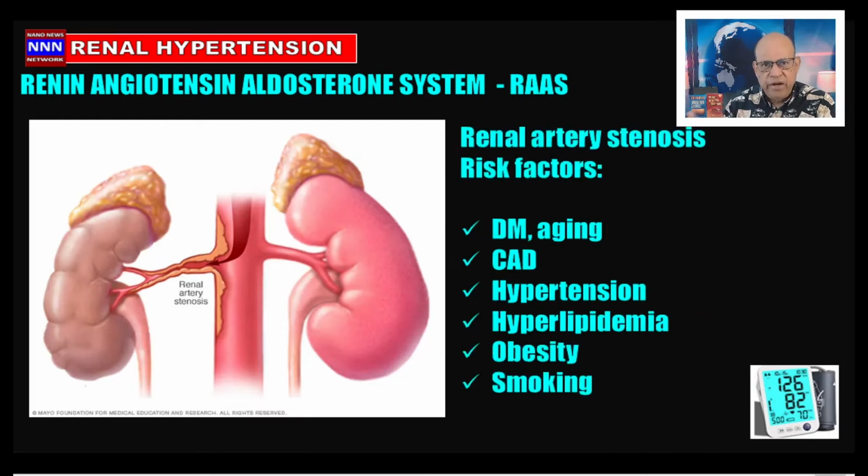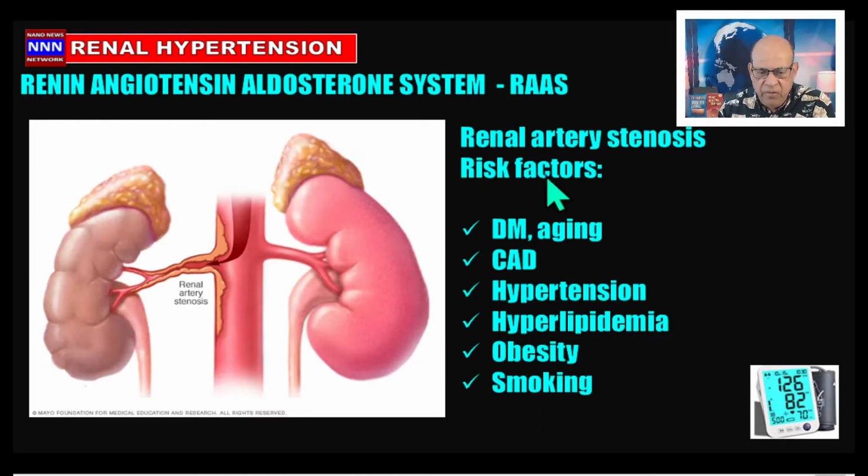The other risk factors, of course, are very familiar to you, that can lead to atherosclerotic plaque buildup in the renal arteries, just as they would in the coronary arteries or in the medium-sized arteries like the carotid artery or the femoral or the popliteal arteries. And these risk factors are, of course, diabetes, aging, coronary artery disease, hypertension, hyperlipidemia, obesity, and smoking.